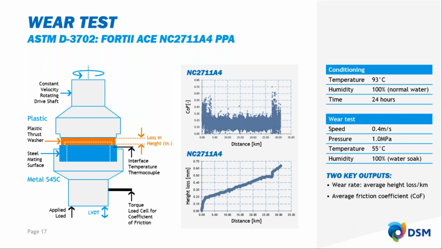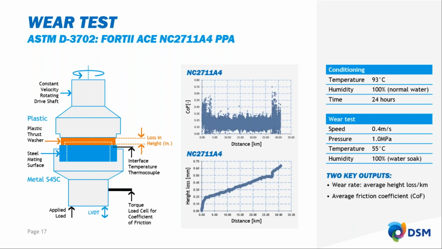You'll see in this particular example, this is something that we've done for a specific customer for rod guides out in the industry. We've preconditioned samples at 93 degrees C for 24 hours in 100% water.